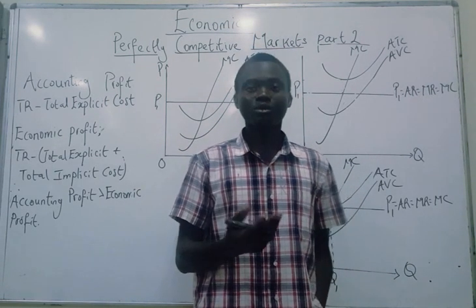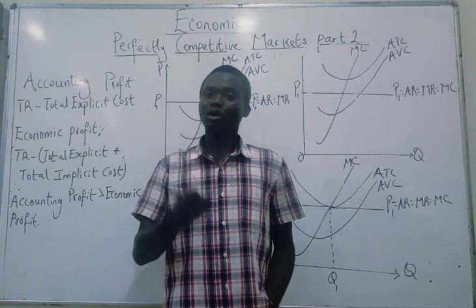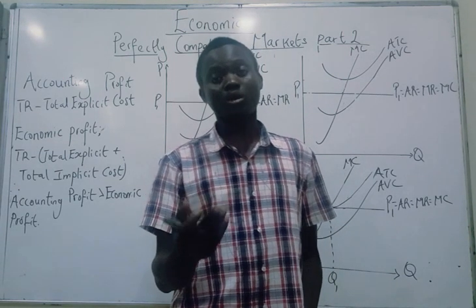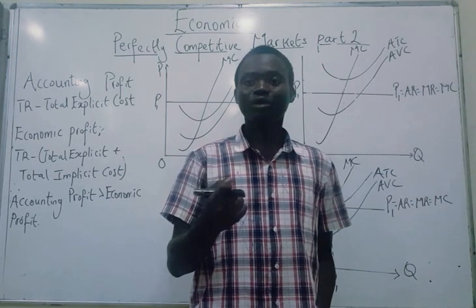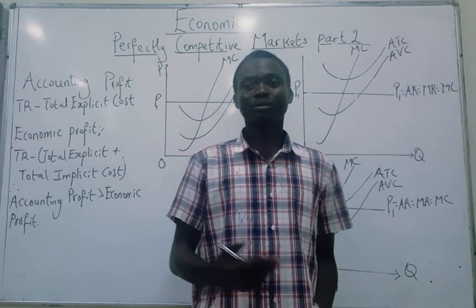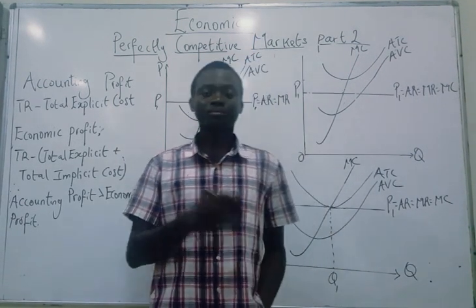For example, let's assume that the producer hires 5 laborers. The money that the producer pays to the laborers is called wages or salaries in economics. The wages and salaries involve cash outflow from the producer because he has to take money from somewhere to pay them. In that case, we consider wages and salaries as explicit cost.